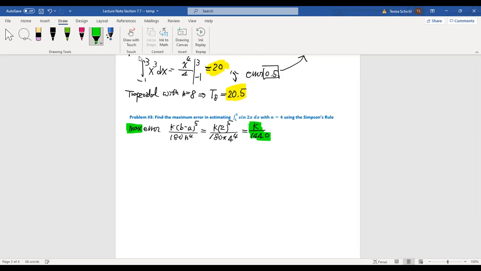Right now I need to find K. Let f of x equal sine 2x.